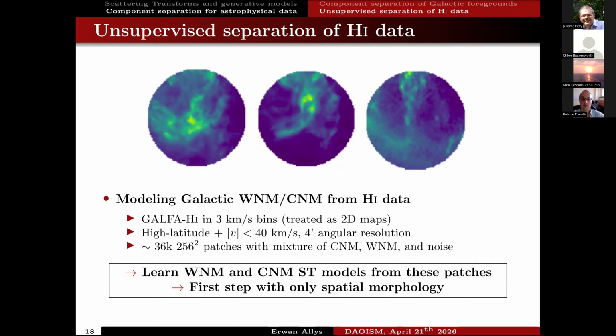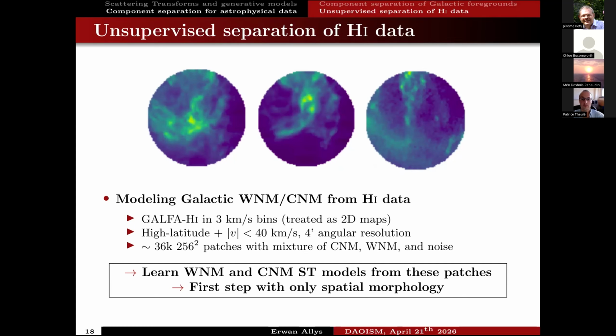And here it's high latitude, low velocity component. Doing that, we stack all these images together, and we have 36,000 patches of mixtures of components.